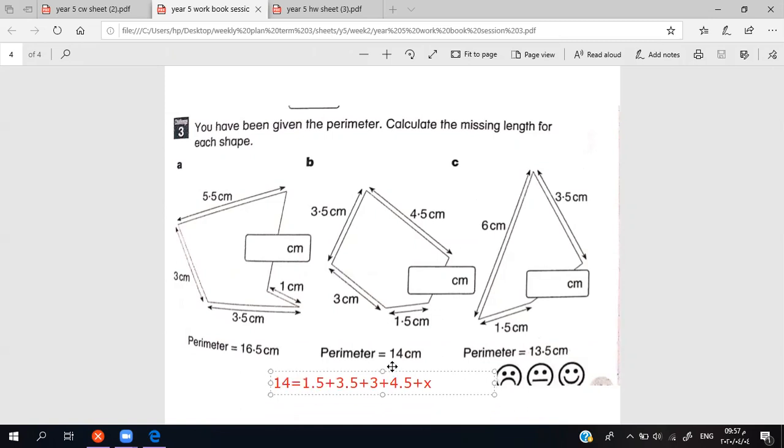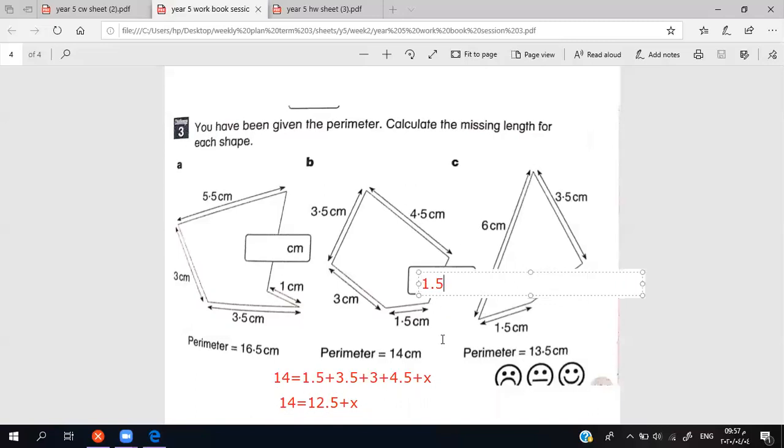Now let's try adding all the numbers I have. 1.5 plus 3.5 is a 5. 5 plus 3 is an 8. 8 plus 4.5 is a 12.5, plus the x. Now, for the 12.5 to become a 14, it needs how many? After 12.5, 13.5, and then I need another half. So it's 1.5. So this side equals 1.5.